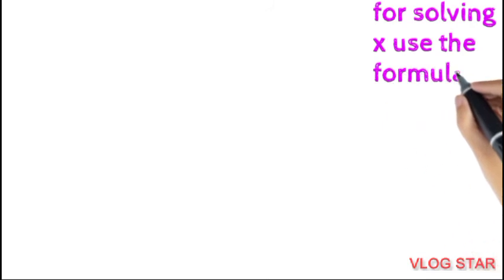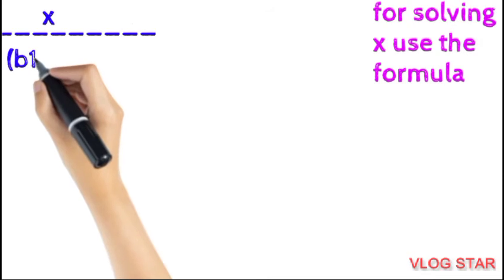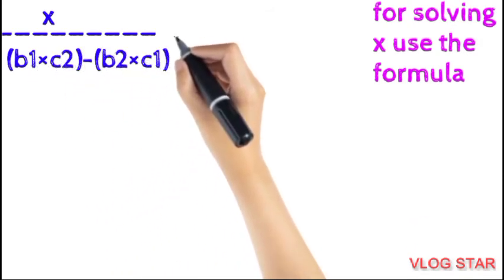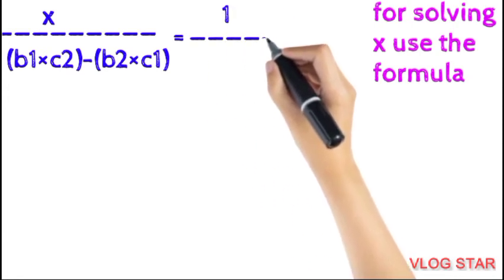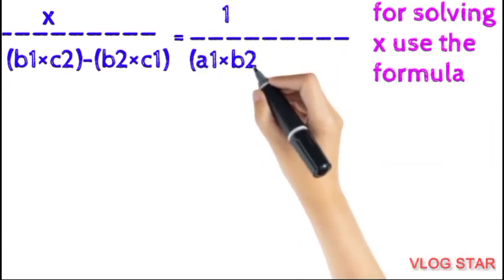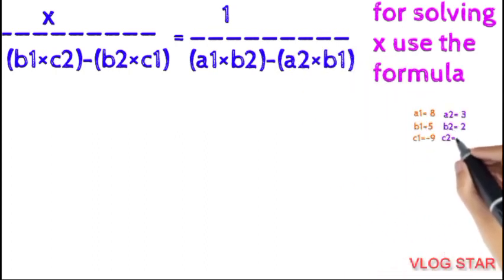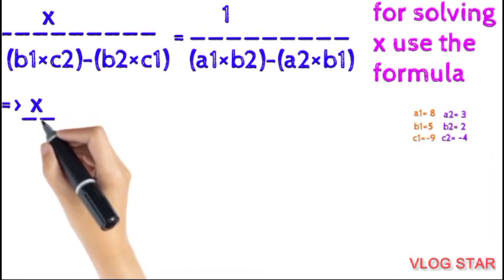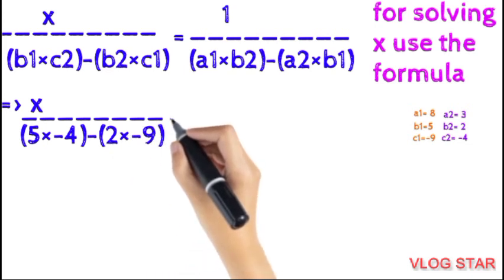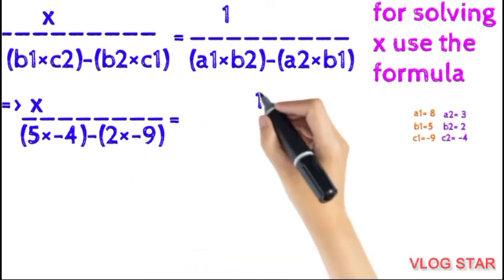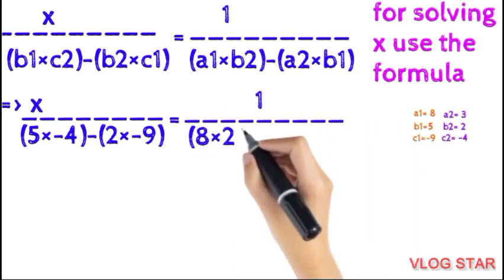For solving x, use the formula x by (B1 into C2 minus B2 into C1) equal to 1 by (A1 into B2 minus A2 into B1). That implies x by (5 into minus 4 minus 2 into minus 9) equal to 1 by (8 into 2 minus 3 into 5).